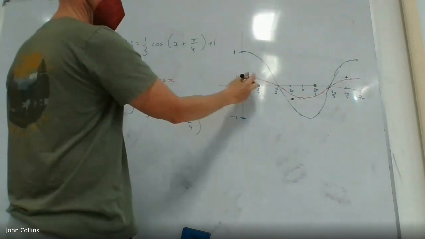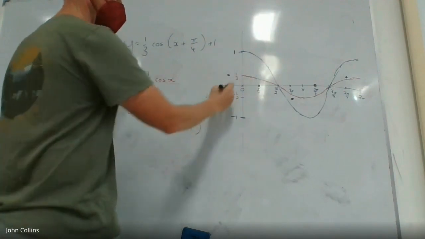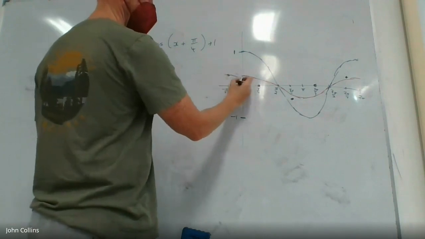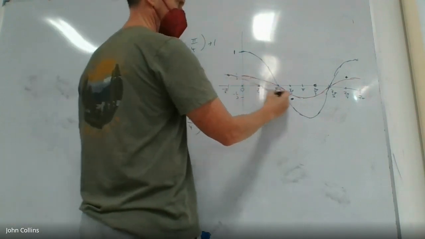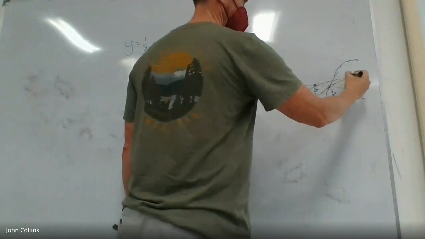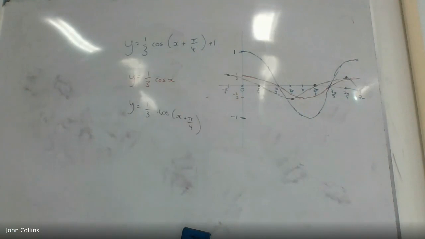I think the 1 is back here, isn't it? Minus pi over 4. So it's gone something like that. It peaks earlier, it starts to drop. Okay. Pretty tough to do on that one graph.